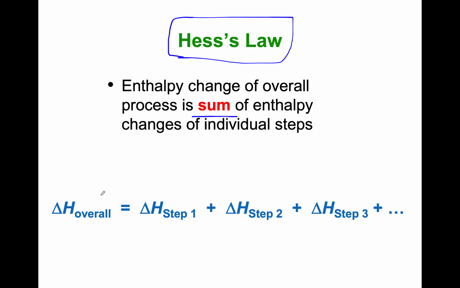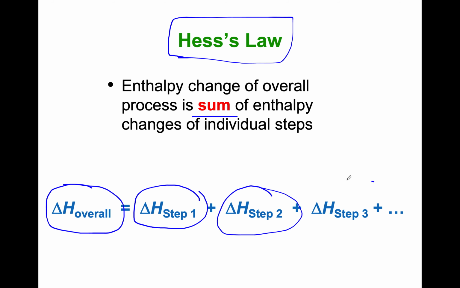So what this means, you're looking for the enthalpy of an overall reaction that maybe you can't actually study in the lab. Maybe it's unknown, but you have, remember state function? You have some steps that if you add all these steps up, it leads to the overall reaction. What you can see then is it's just additive. You add these steps up together, their enthalpies added equals the overall enthalpy.